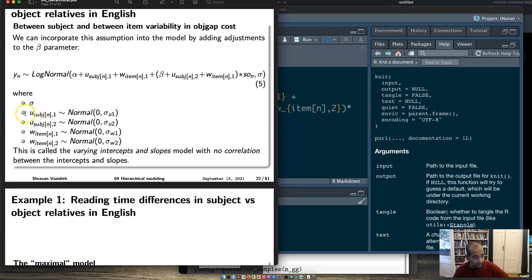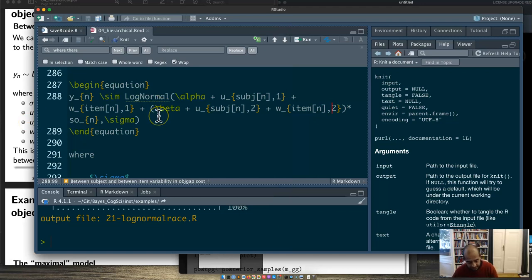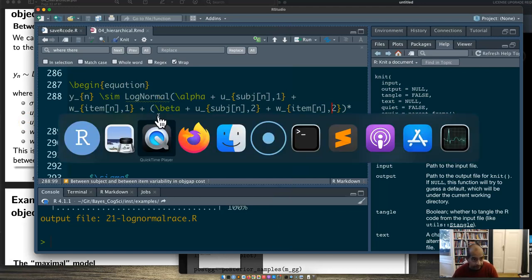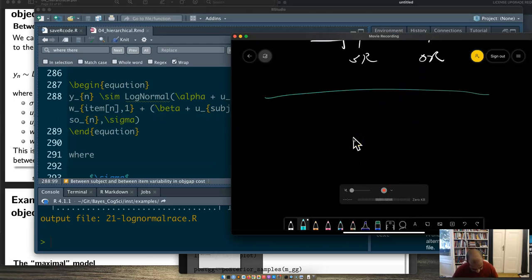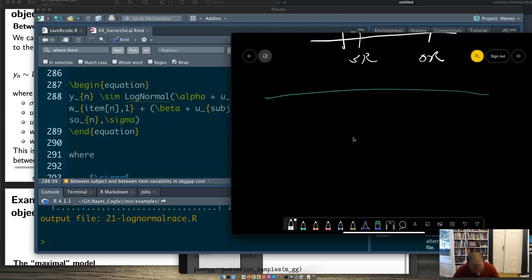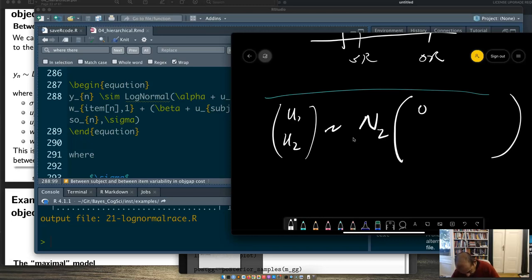This is very important, okay? This statement here about the intercepts and slopes is basically saying the following: I'm literally saying that U1 and U2 are coming from a bivariate distribution. This should surprise you, because they're 2 independent distributions.